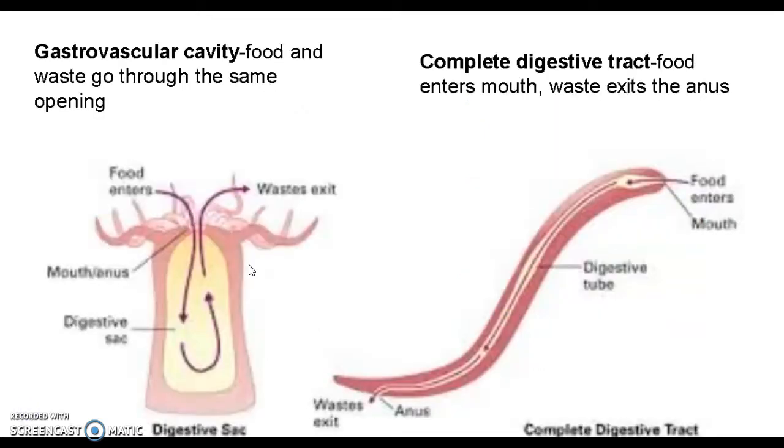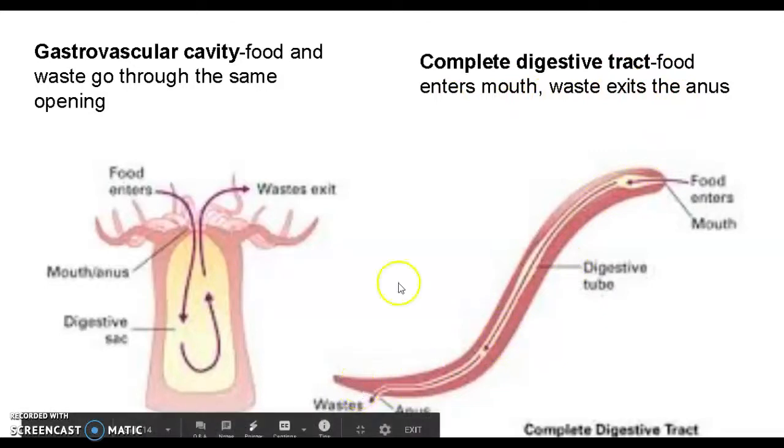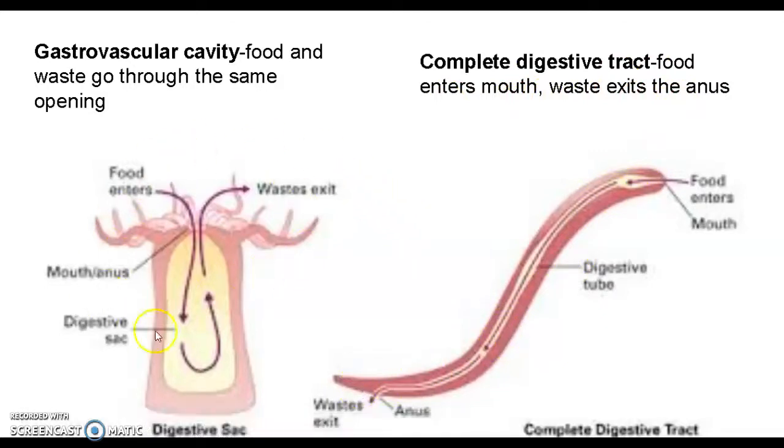The next way we can classify animals is on their digestive systems. More complex animals, like this worm here, have complete digestive tracts where food enters the mouth and waste exits the anus. More primitive animals, like this anemone here, have something called a gastrovascular cavity.